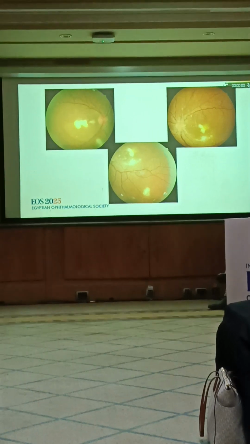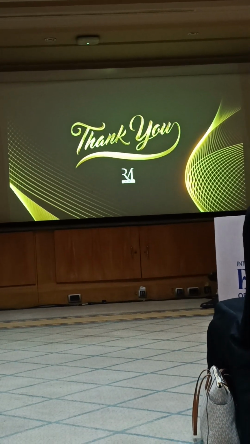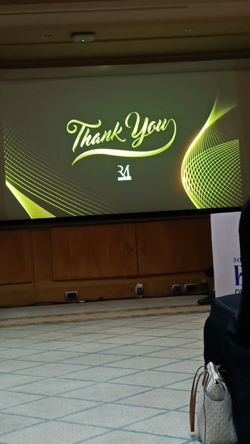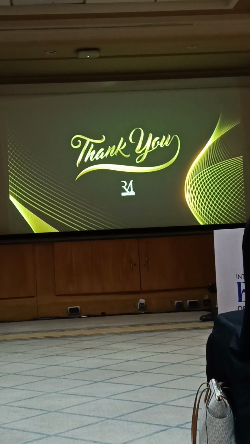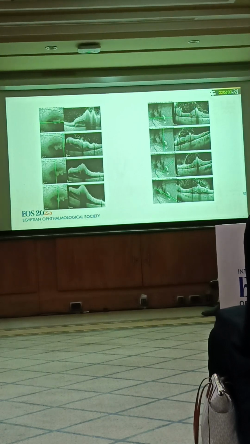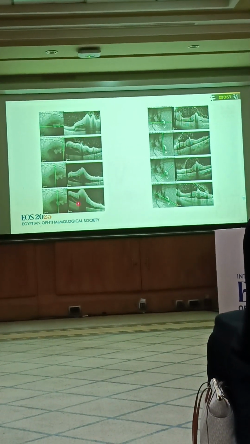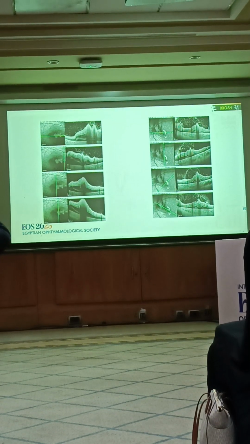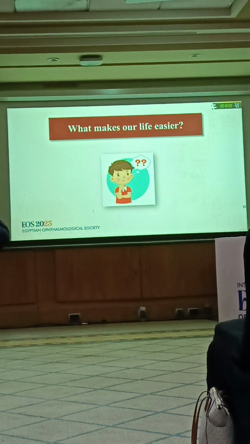He was referred to a vitreoretinal surgeon, with a positive test for candida after vitreous aspiration. This is the OCT showing the colonies coming from the choroid and traversing the retina upward until they reach the vitreous. The patient is immune competent and was diagnosed with candida endophthalmitis.